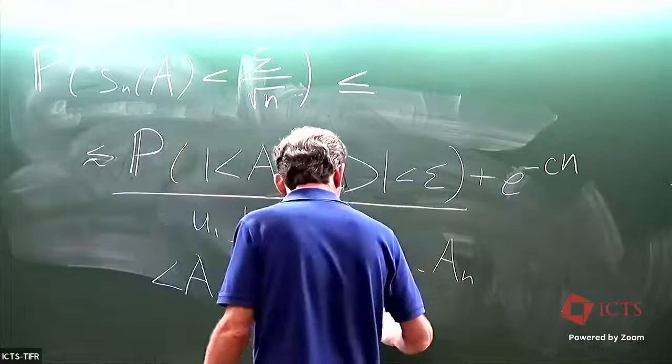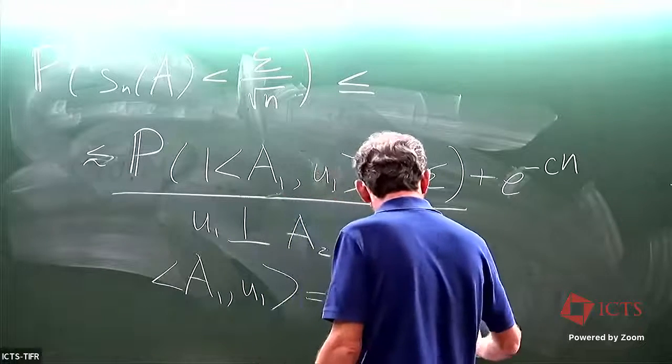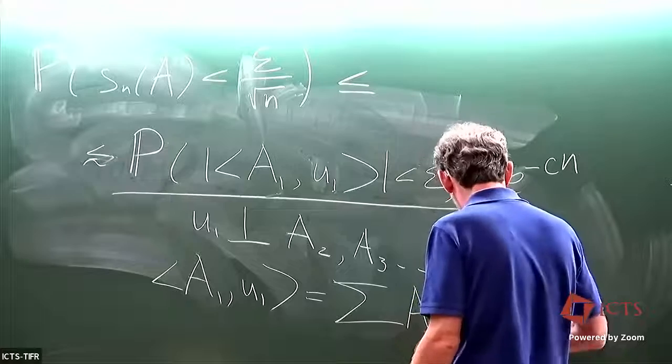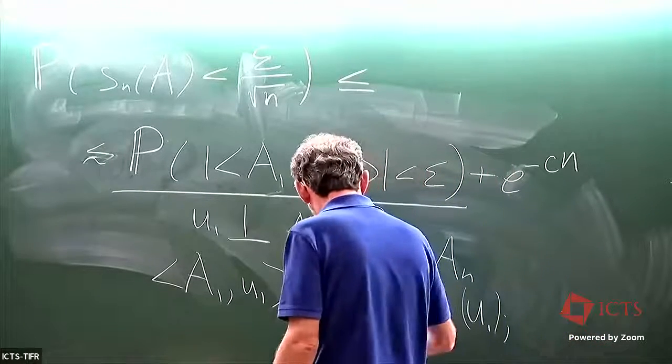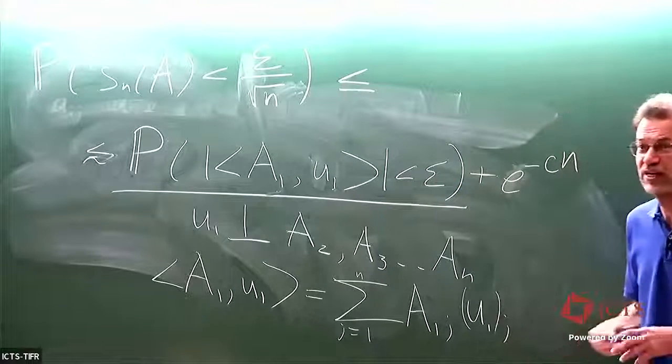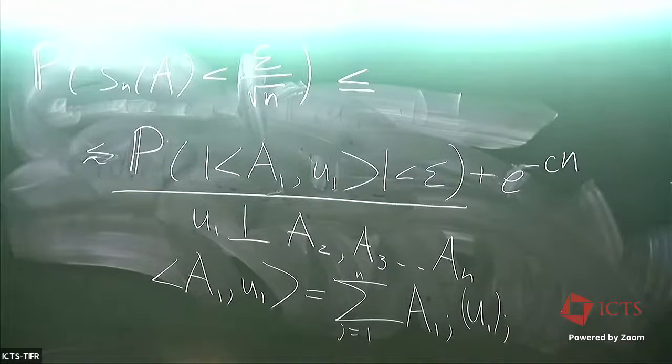It is the sum of A_1j times the jth coordinate of u_1, j from 1 to n. And this is a linear combination of IID random variables.